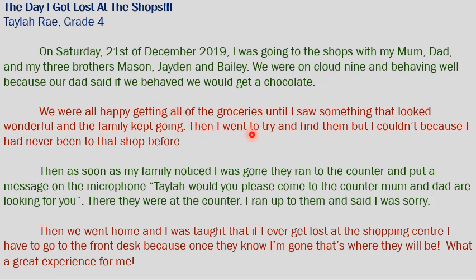Then I went to try and find them, but I couldn't because I had never been to that shop before. Okay, so he doesn't know. Now he was lost. Then, as soon as my family noticed I was gone, they ran to the counter and put a message on the microphone. Taylor, would you please come to the counter? Mom and Dad are looking for you.